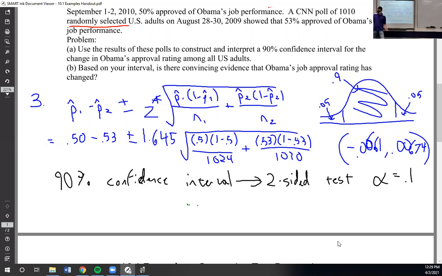If it were a 95% confidence interval, it would tell you about the alpha level of 0.05. So this tells me what judgment I would make at a 0.1 alpha level.